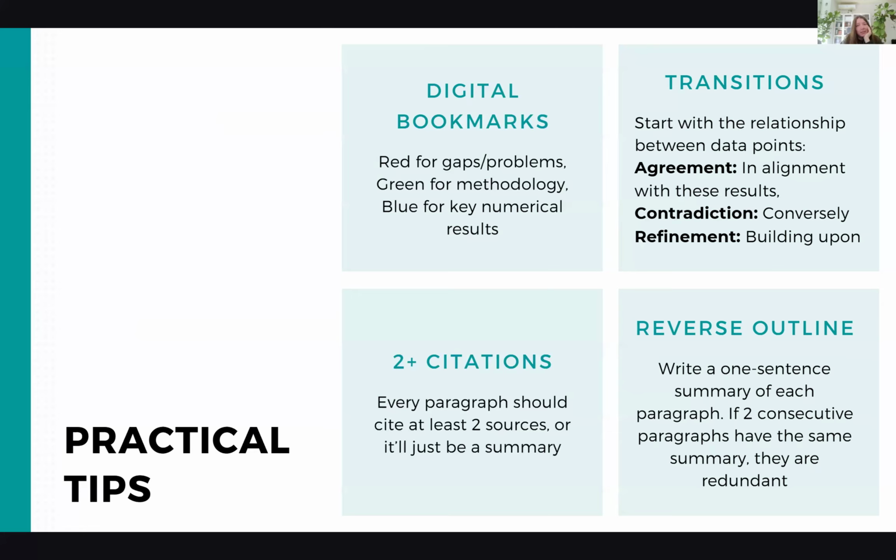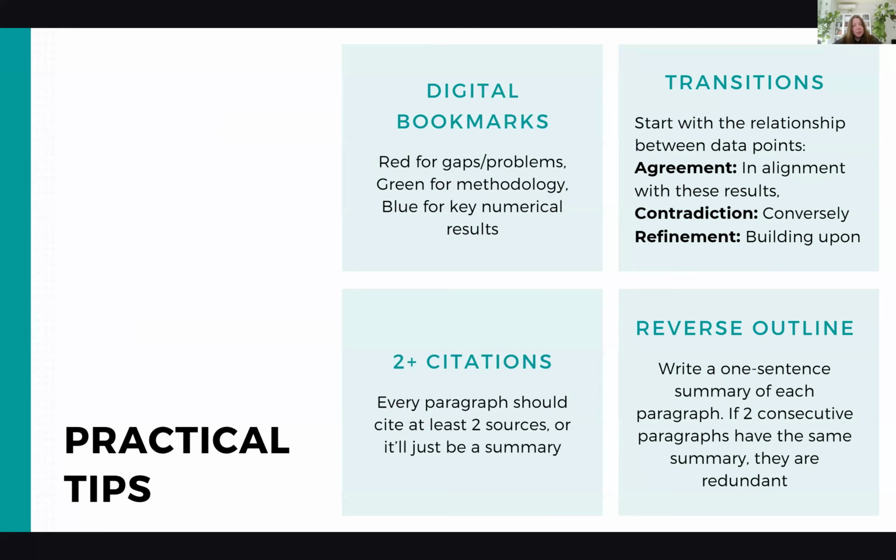Next, ideally, once again, in a perfect world, every paragraph and every section you write should have at least 2 citations. If you only cite one source per paragraph or per section, that's not your work.